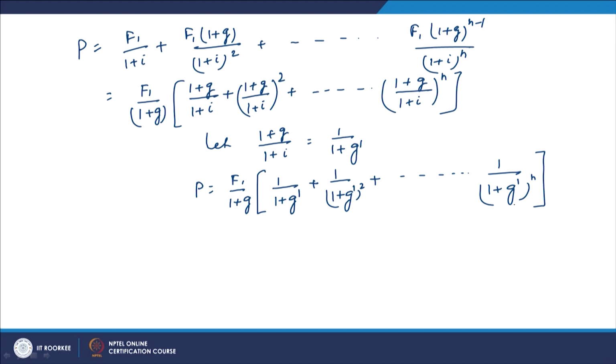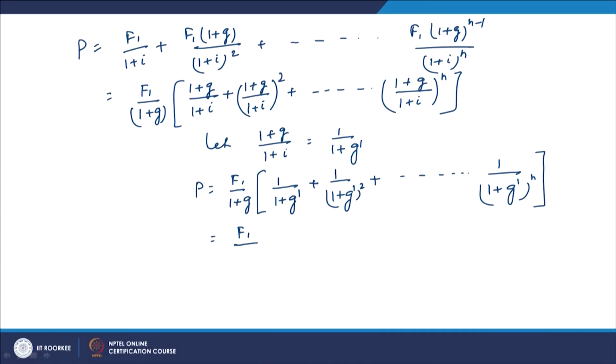So, again it is a geometric series and its first term is 1 by 1 plus G prime and its common ratio is 1 by 1 plus G prime. So, we have to add this series. So, it will be 1 by 1 plus G, anyway it is here. Now, it will be a into 1, so this will be certainly less than 1. So, a into (1 minus r^n) by (1 minus r), a is the first term.